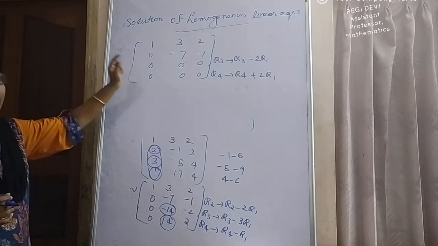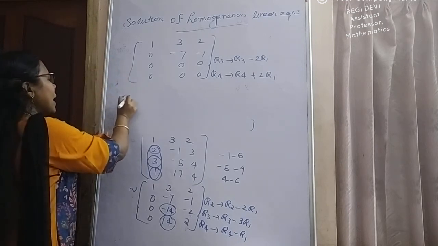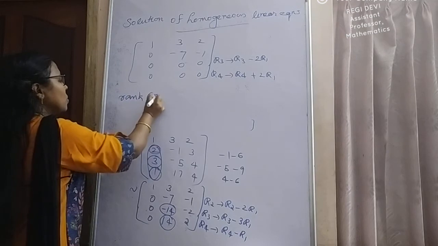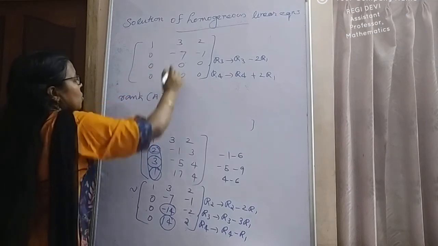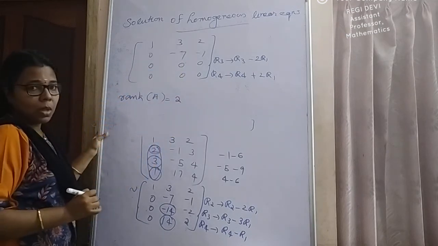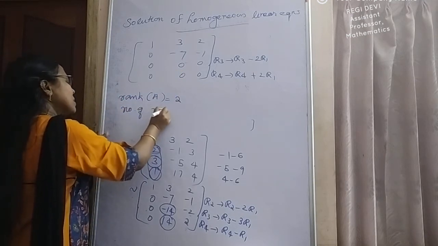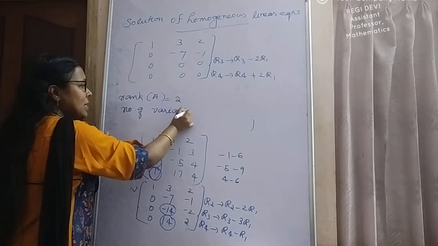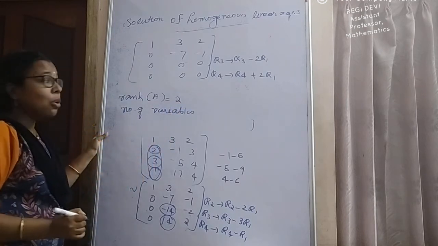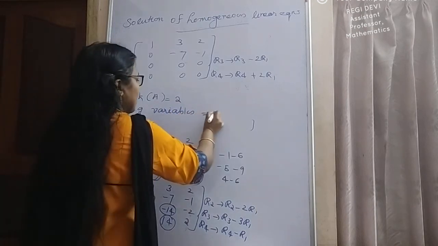Then what about the rank of A? Here the rank of A equals 2. What about the number of variables? The variables are x, y and z. Therefore the number of variables equals 3.